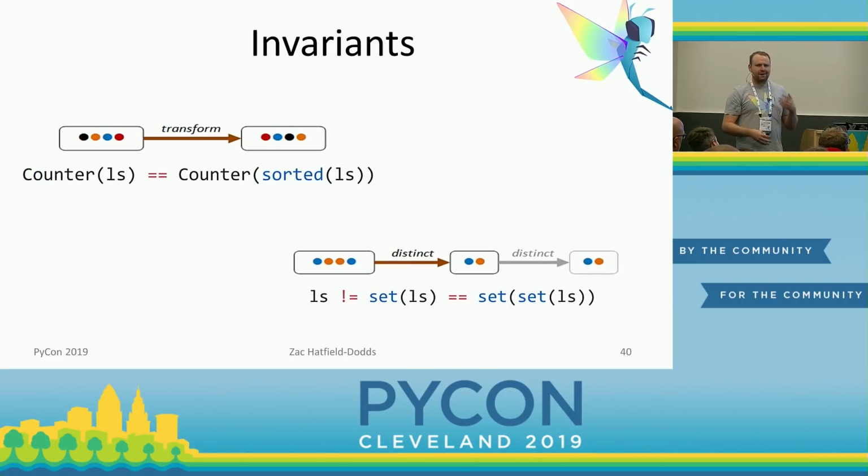Sometimes we have invariants in our code, so things which are always true for any input. For example, that the counter, that is the number of each element in any collection, is the same regardless of how you shuffle or sort that collection each time you call it. This seems kind of trivial, right?